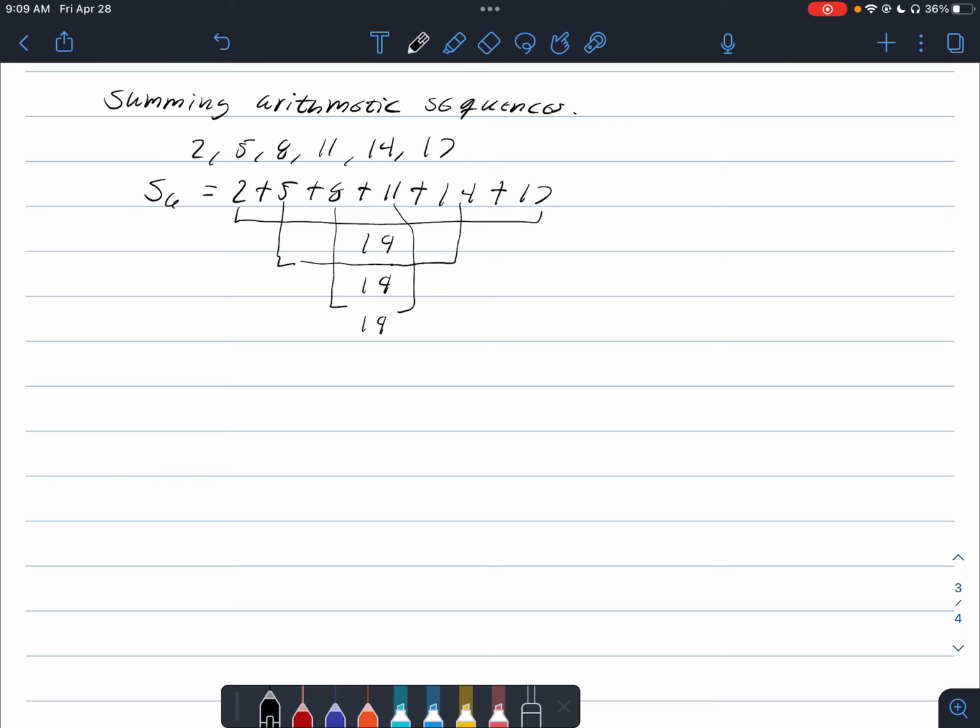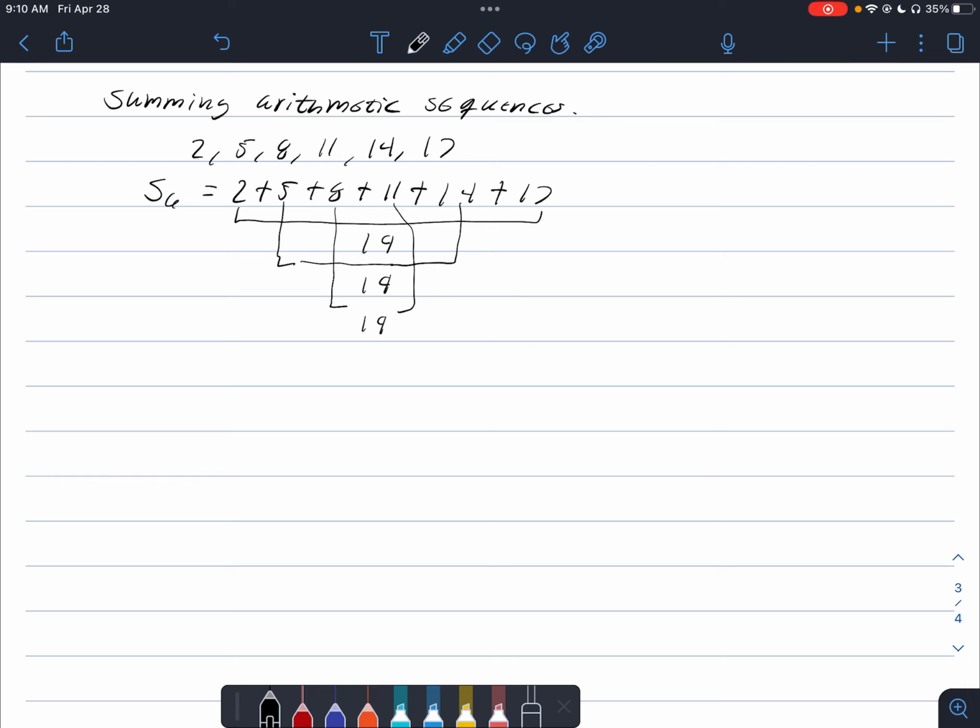What we're seeing here is that if you have an arithmetic sequence with a common difference between each term, the first and the last term in the sequence will add up to some number, and then each pair as you move inward towards the center will add up to that same number. In this case it's 19, but in general, it might just be some fixed value.